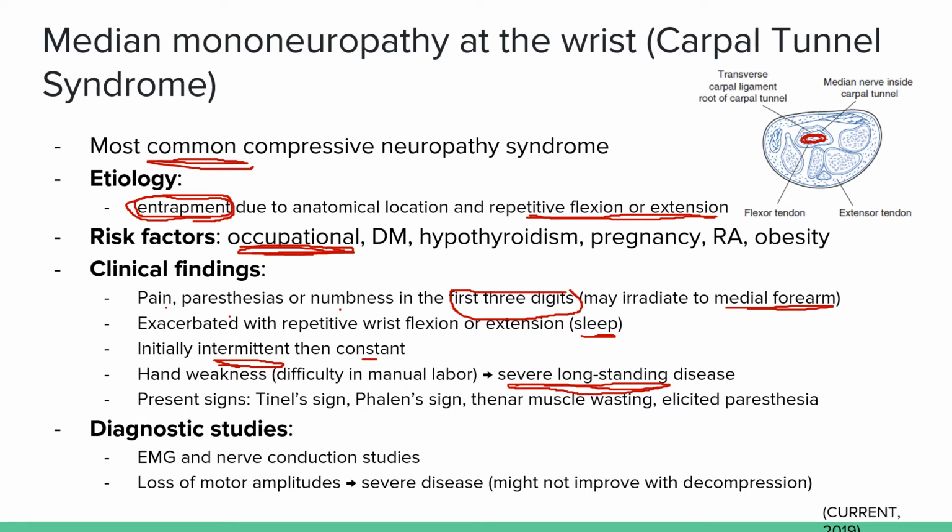So it's important to notice this. Some of the signs we can see are Tinel's sign, Phalen's sign, thenar muscle wasting, and elicited paresthesia. These are some of the clinical signs that we can see in the examination.